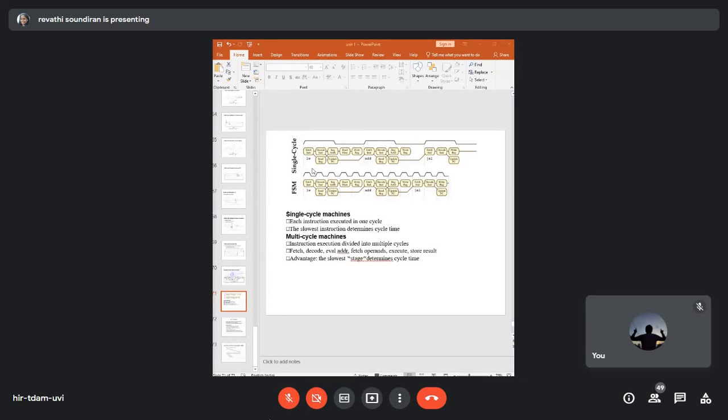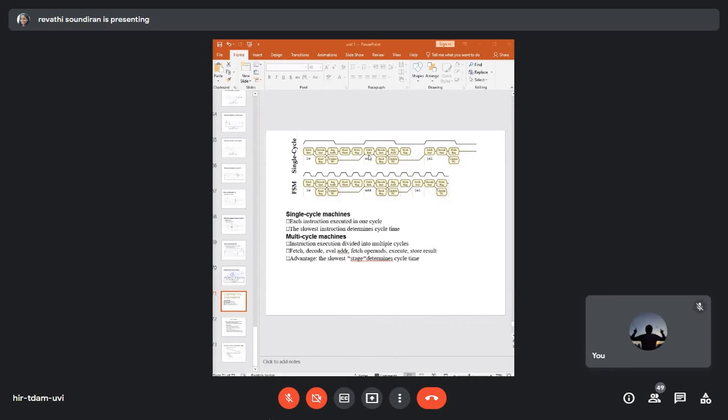So your slowest instruction is going to determine the cycle time in the case of a single cycle microarchitecture. Not all the stages of the instruction sequence happen in all the executing instructions. For example, you don't have a few stages like register arithmetic or read memory in jump instructions. So your slowest instruction is going to determine your cycle time.